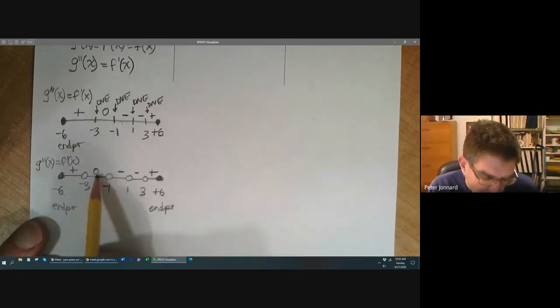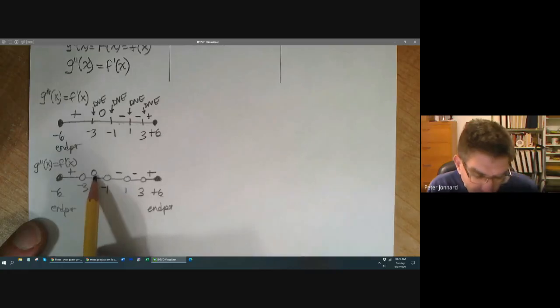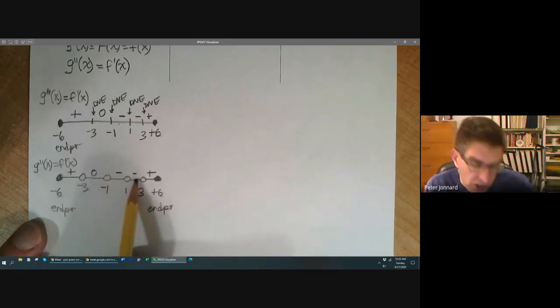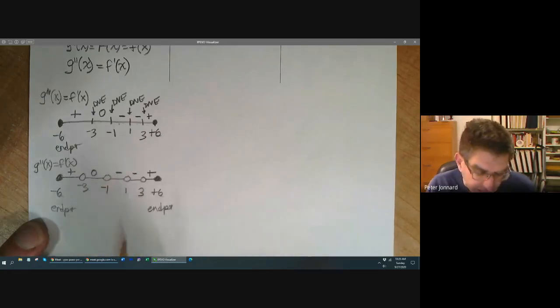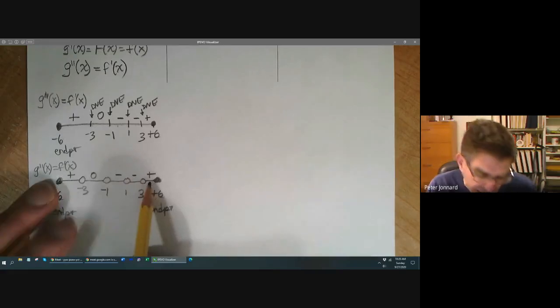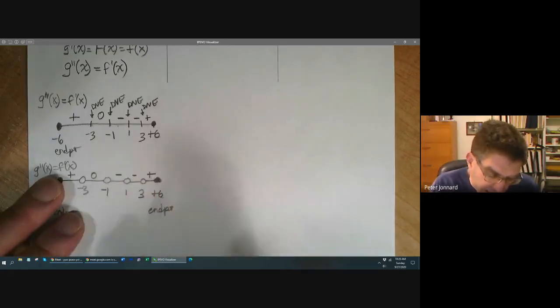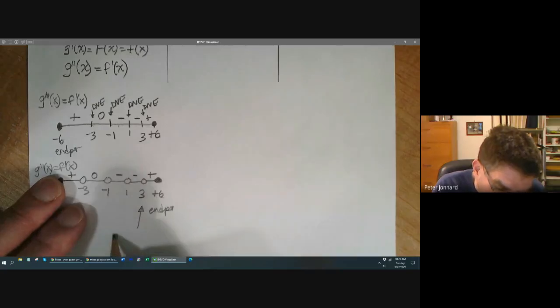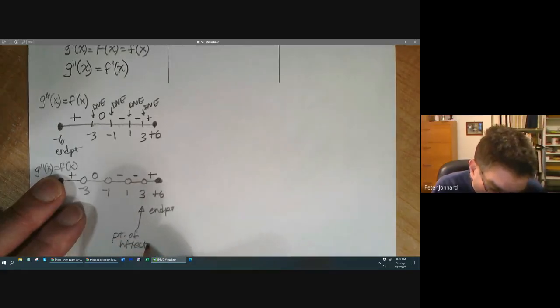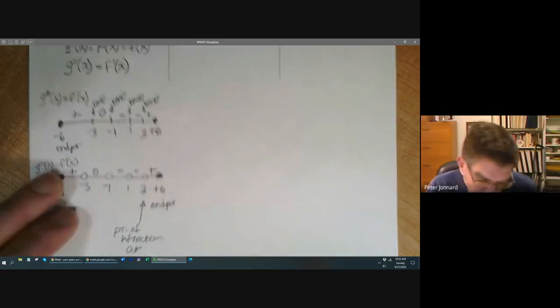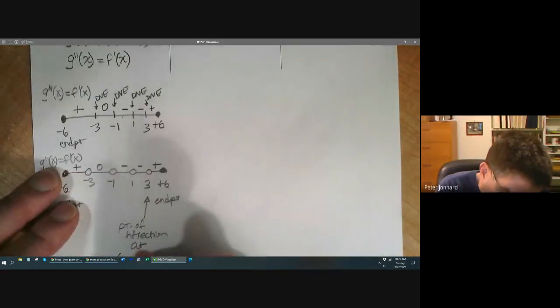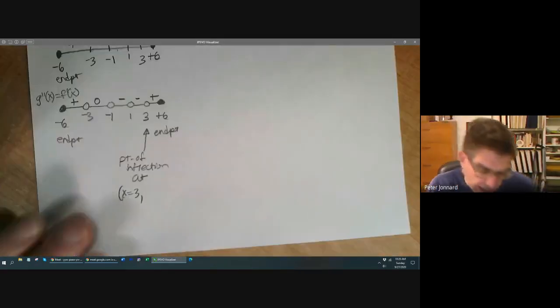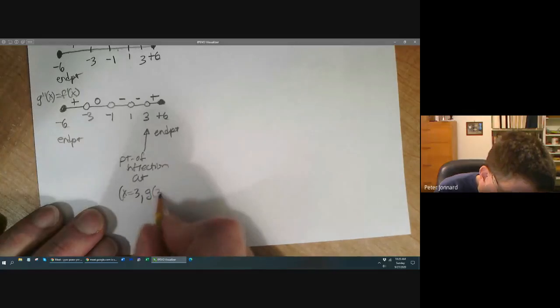Here, it doesn't switch sign because it goes from neutral to negative. Here, it doesn't switch sign because it goes from negative to negative. Here, it does switch sign. It goes from negative to positive. And so we have a point of inflection at x equals 3, and then of course g of 3.